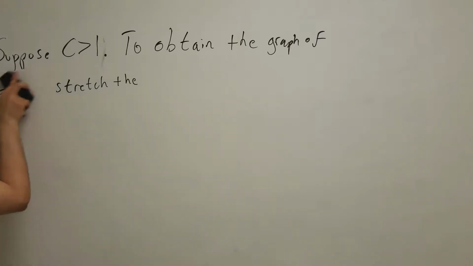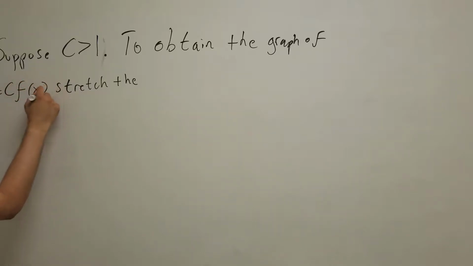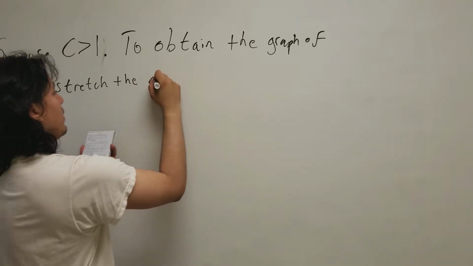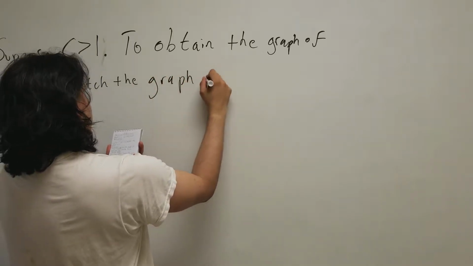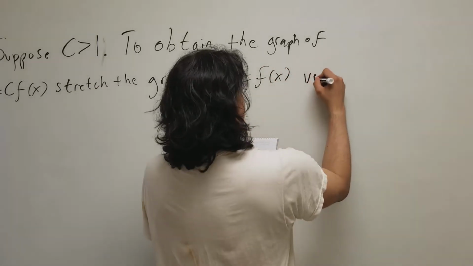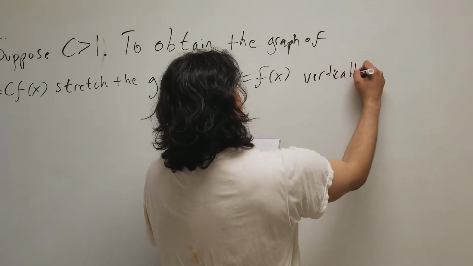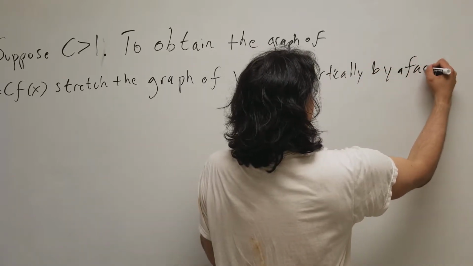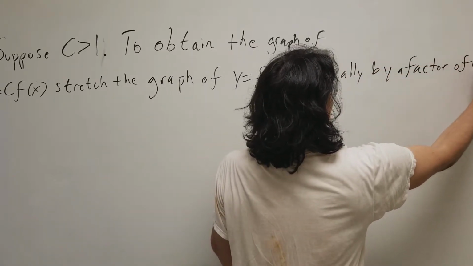I meant to put not y equals f of x, it is y equals c f of x, because we're talking about c, the constant. Stretch the graph of y equals f of x vertically by a factor of c.